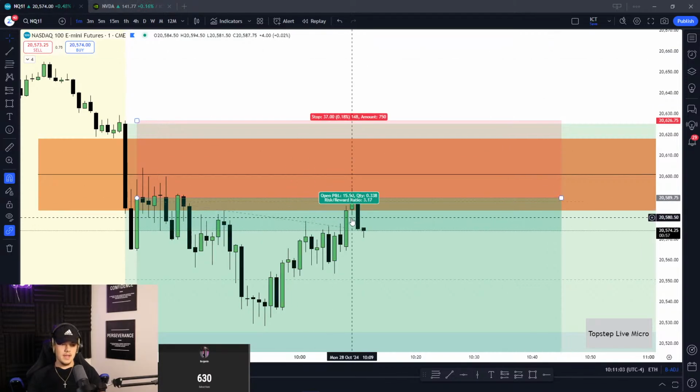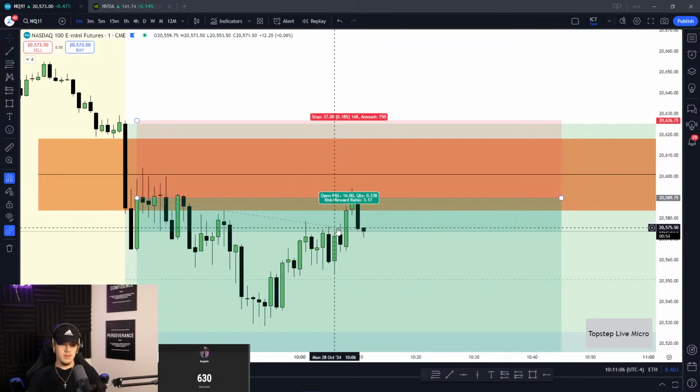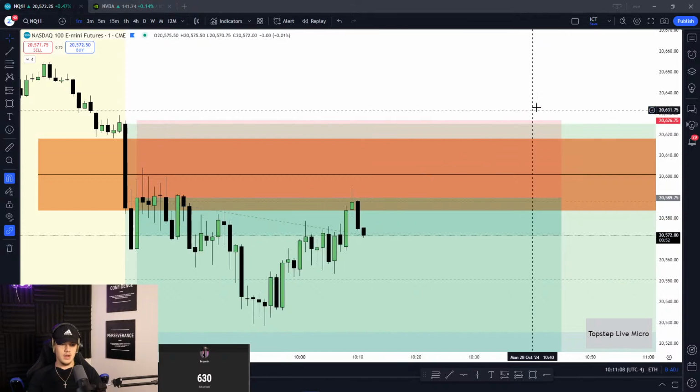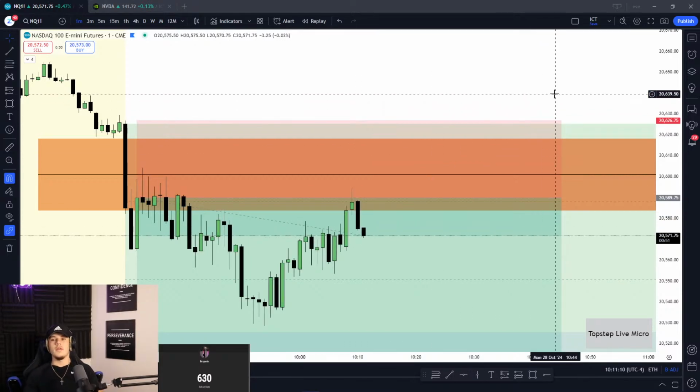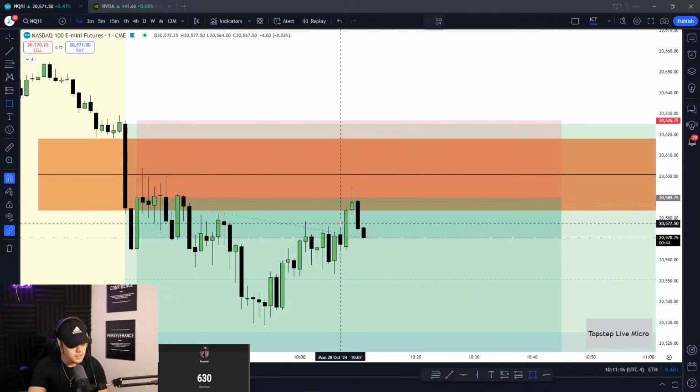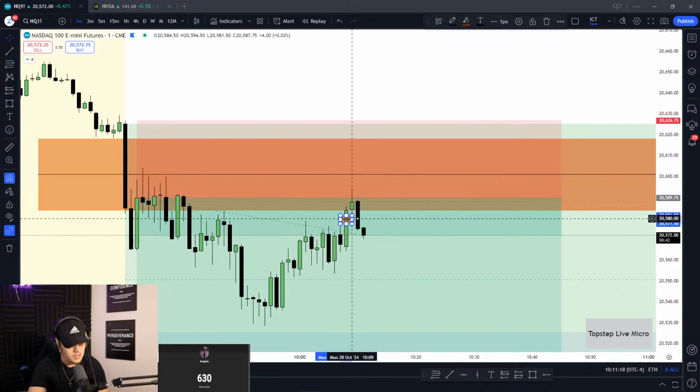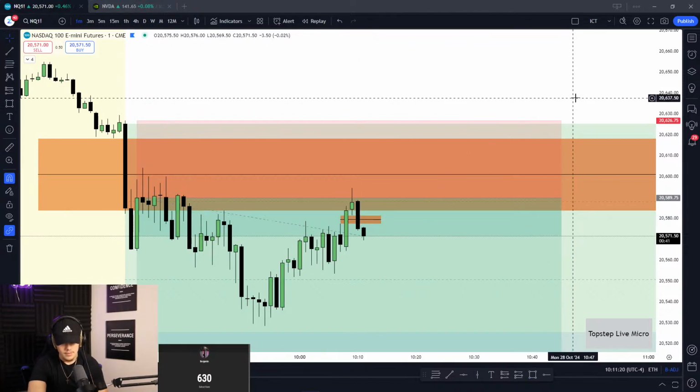So we bodied past the BISI, right? We bodied below the close. We still have this down close candle, but I want to see price continue to rip lower. All right, this candle could trade up into the inversion that we just made. We haven't done that yet.